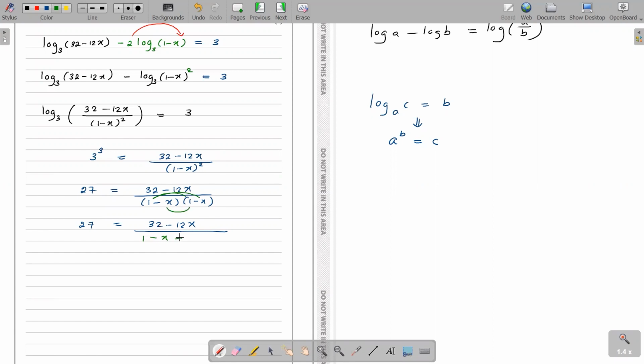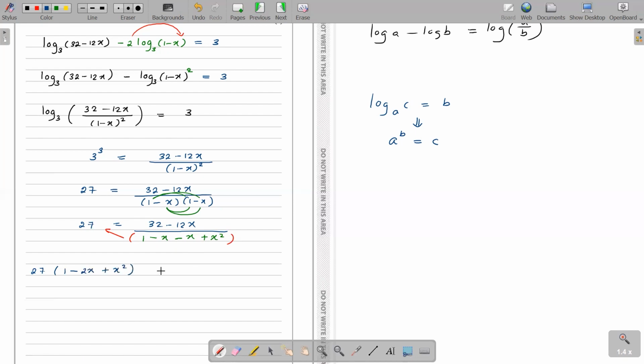Minus x into 1 is minus x. Minus x into minus x is plus x square. Are you with me? Shall we take this to the other side? It goes as a multiplication. So I get here 27 times 1 minus 2x plus x square.